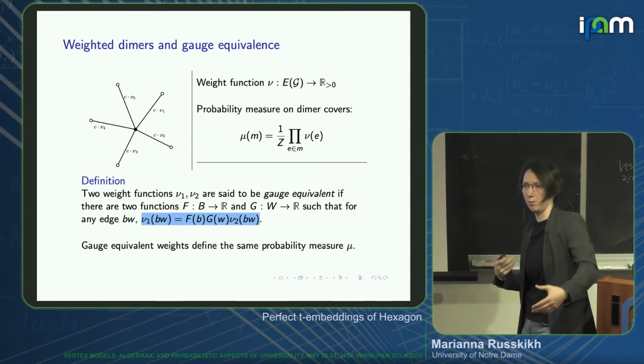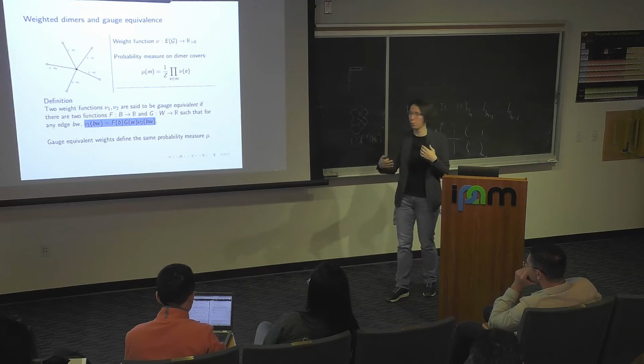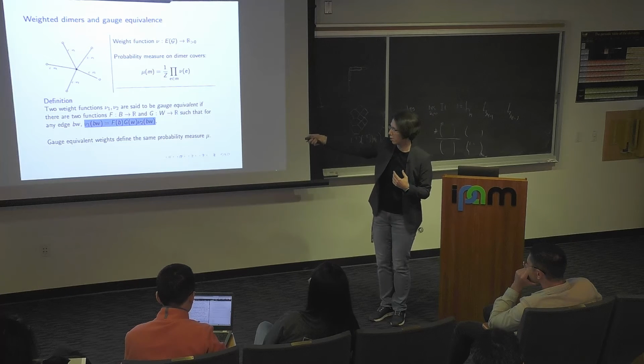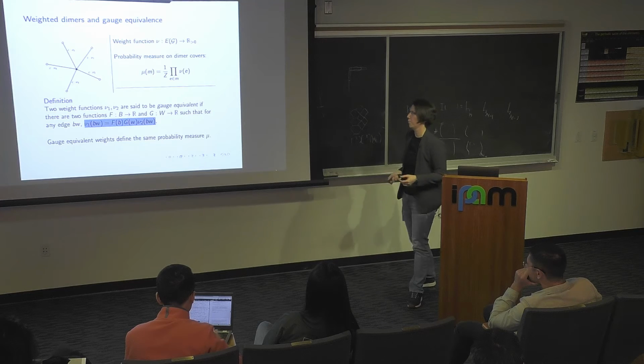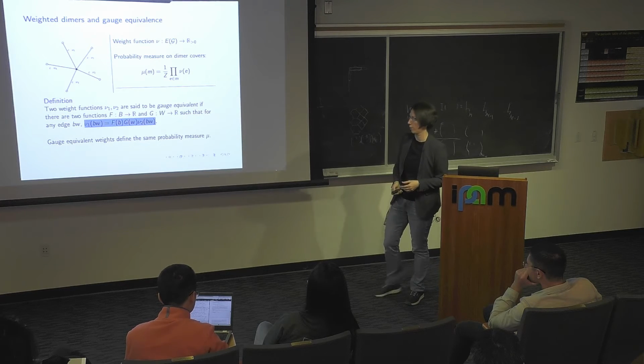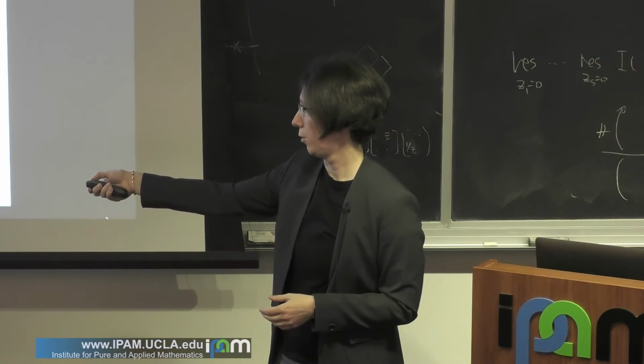So we can think about these weights on edges up to a sequence of such multiplications. More precisely, we say that two weight functions on edges are gauge equivalent if we can define two functions.